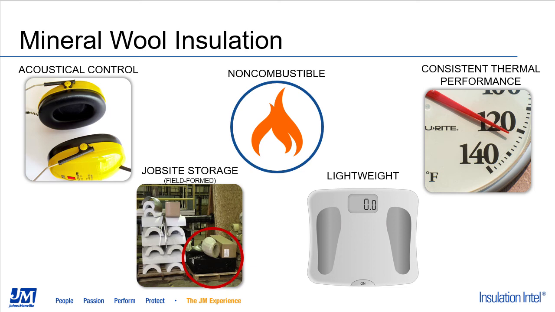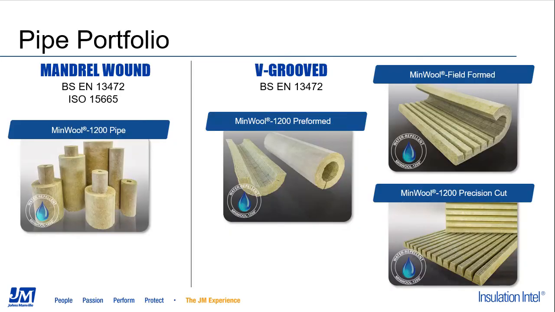It is rated as a non-combustible material, as are the rest of our product family, has consistent thermal performance, very lightweight, and offers some significant benefits for job site storage as well as transportation that I'll touch on in a moment. Within the mineral wool product family, we actually have a fairly wide portfolio of product configurations as well.